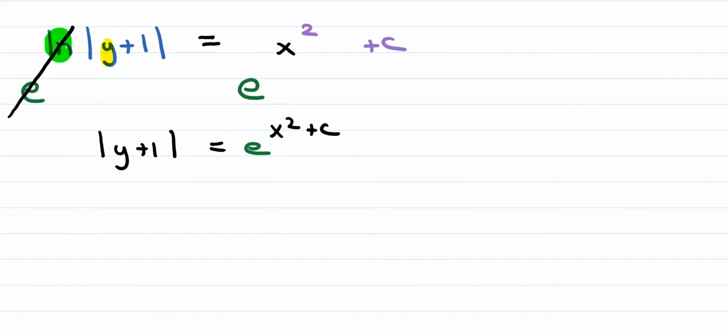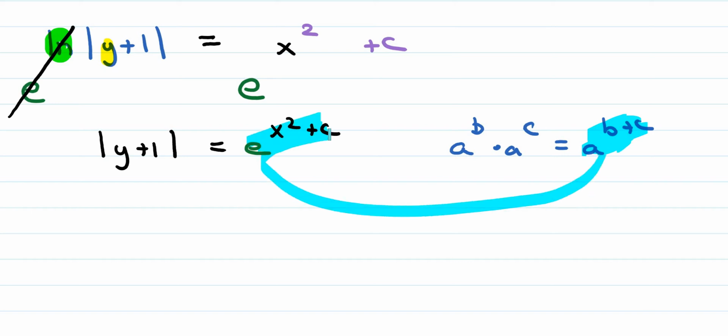Okay, so this step is very similar to one of the steps in the previous question where you need to go back to some grade 9 exponent rules, where if I have a to the b times a to the c, this is really a to the power of b plus c. So as you can see, this part right here kind of looks like that part right there.